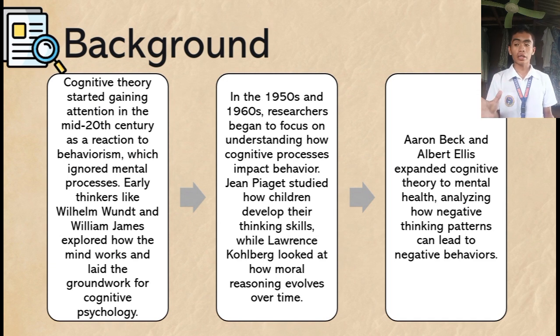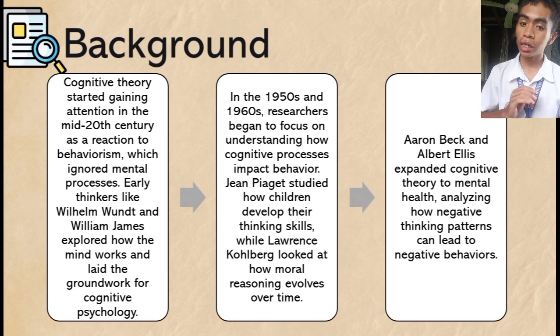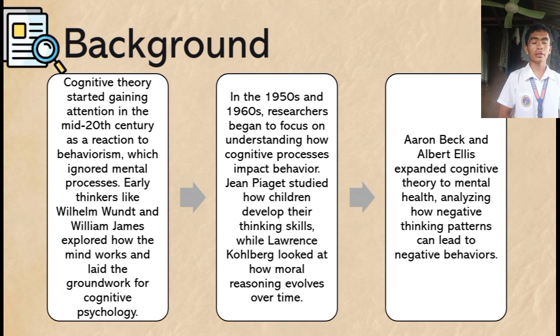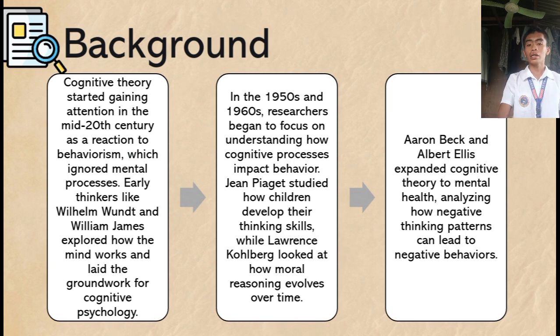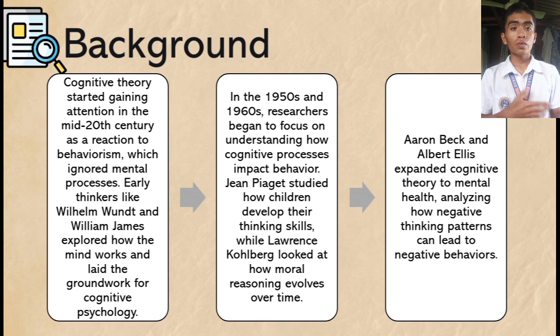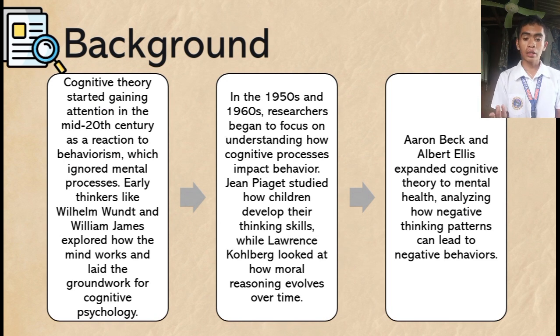Early thinkers like Wilhelm Wundt and William James explored how the mind works and laid the groundwork for cognitive theory. Then, during the 1950s to 1960s, researchers started to focus on understanding how cognitive processes impact behavior.